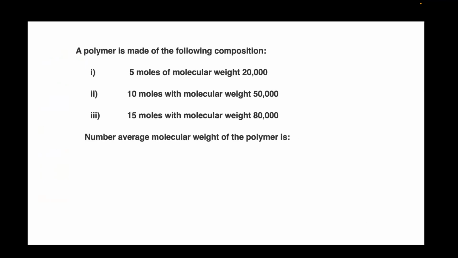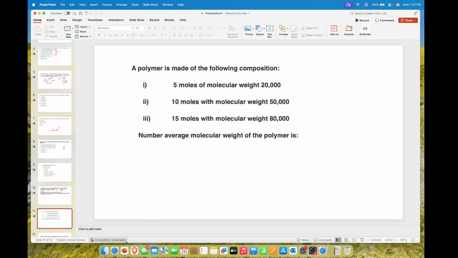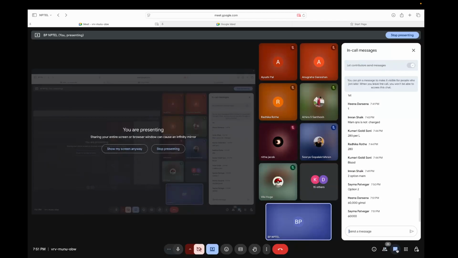A polymer is made up of the following composition: 5 moles of molecular weight 20,000, 10 moles of molecular weight 50,000, 15 moles of molecular weight 80,000. What will be the number average molecular weight of the polymer? Okay, two people have answered 60,000.